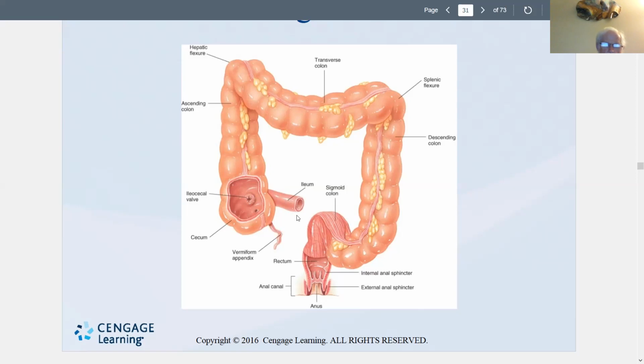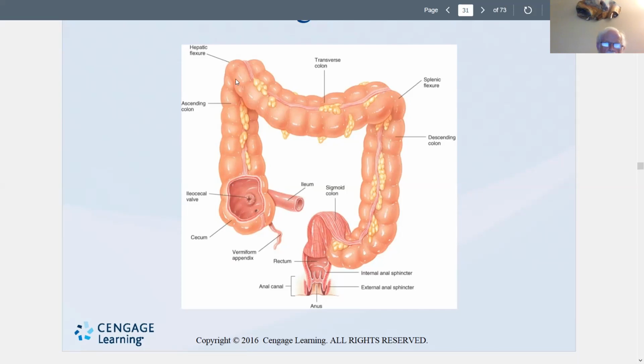The appendix has actually been found to be important in our immune system. So it apparently is a good storehouse for intestinal bacteria when we need to repopulate as well. It's followed by the ascending colon. The hepatic flexure is where it hits the liver and bends.